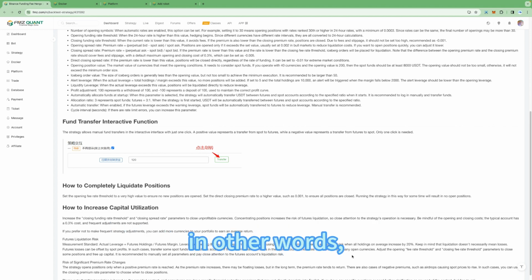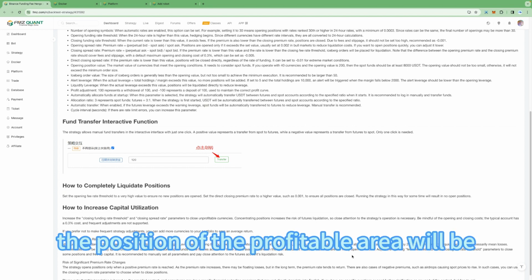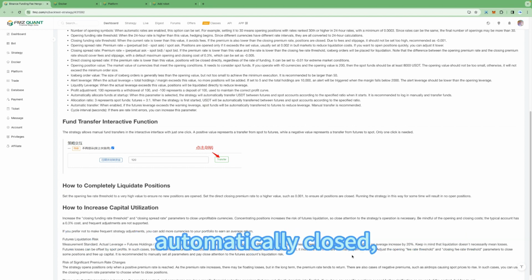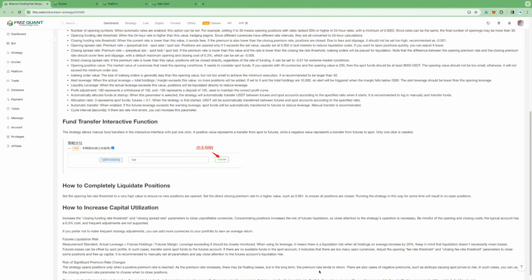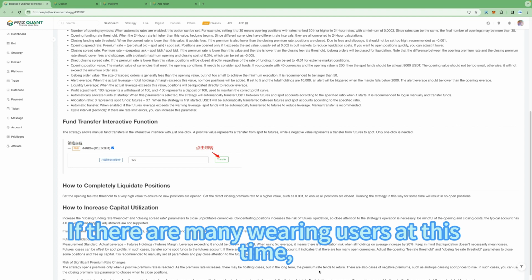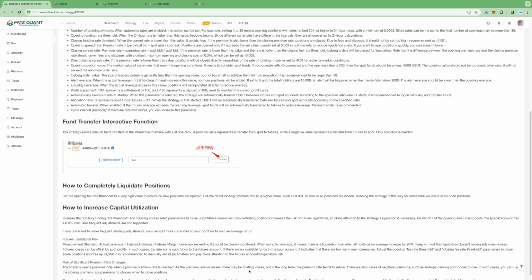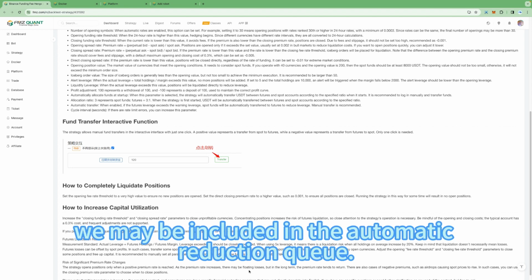In other words, the position of the profitable side will be automatically closed, making position reduction easy to occur. For example, when the futures price drops significantly, the futures are definitely in a profitable state if there are many bankrupt users at this time. We may be included in the automatic reduction queue.